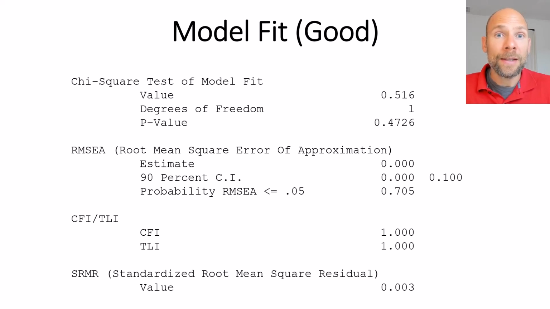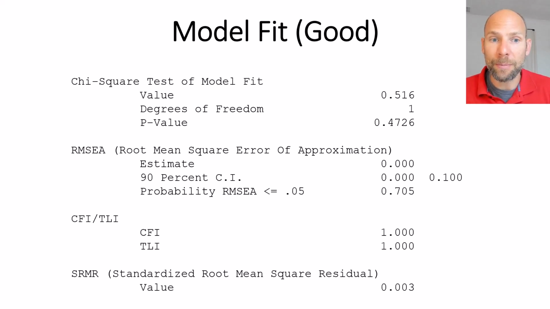And so this means that when this test is statistically significant, then that null hypothesis is rejected. So we're looking for a non-significant test for a well-fitting model, which, as you can see here, we have.